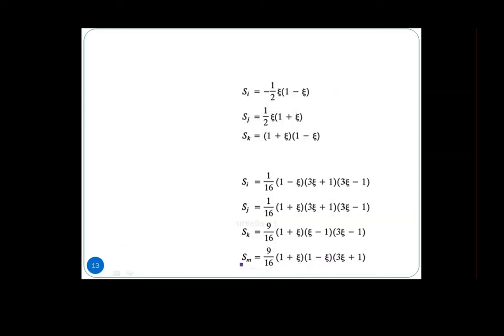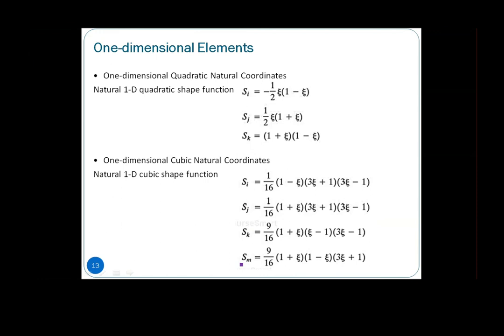So if you are having these natural coordinates, one-dimensional, in quadratic elements, then you have Si, Sj, Sk, and in cubic elements you have I, J, K, M for the nodes of the shape function.